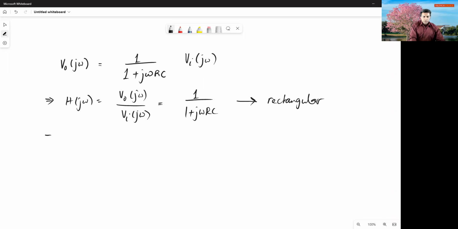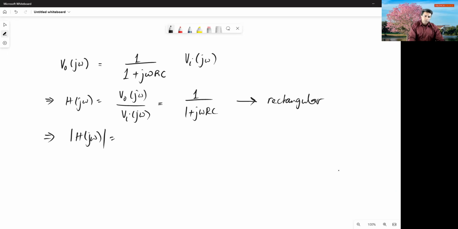Now, from the rectangular form of any complex number, whether it is given just as a plus jb or it is given in fractional form, if you remember from our previous lecture, if I want to write down the magnitude from its rectangular representation, how do I calculate the magnitude of a complex number that is given in fractional form?